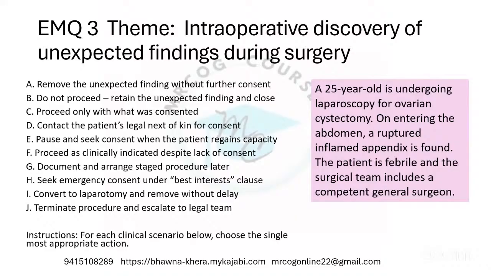And another option is F: proceed as clinically indicated despite lack of consent. I've got two answers till now in the chat box, A and F. So which is the correct one?